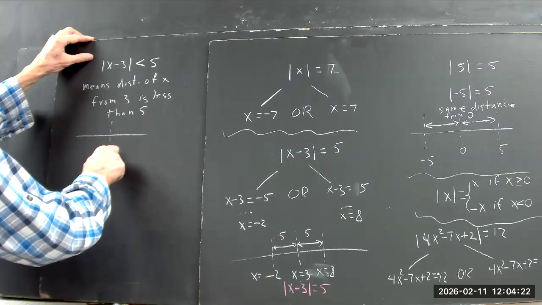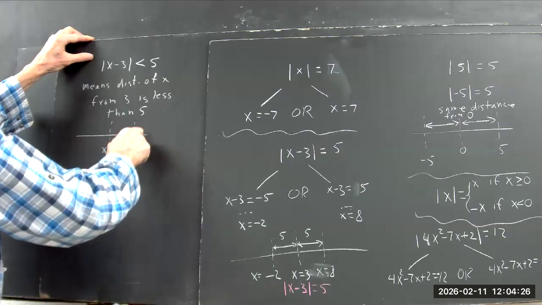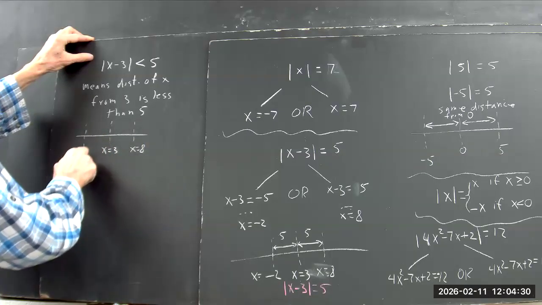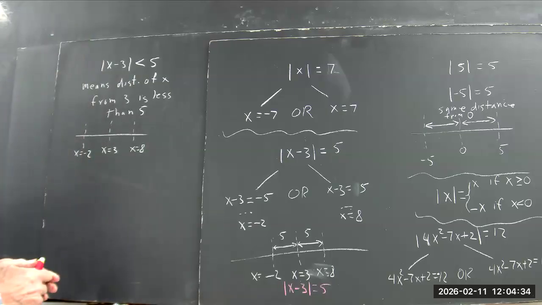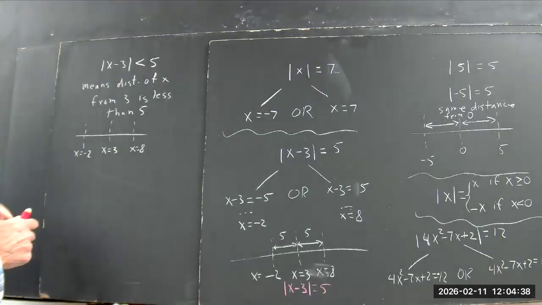We can even draw a picture. We can put x equals 3 on a number line in the middle, and we can put x equals 8 on the right, and x equals negative 2 on the left. Same numbers that we got previously.